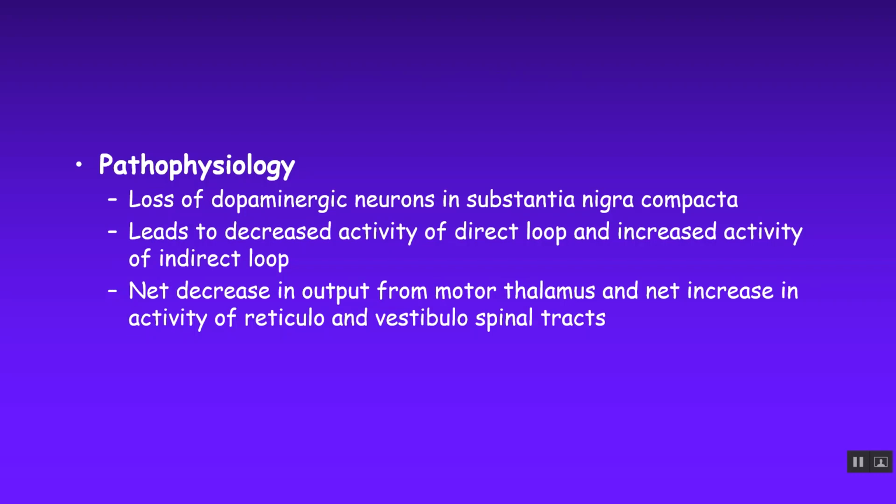So the pathophysiology of Parkinson's is loss of dopaminergic neurons in the substantia nigra, the pars compacta component, leads to decreased activity of the direct loop and too much activity of the indirect loop. Okay, you lose that balance because you're no longer getting enough dopamine in there to keep those at the right level.